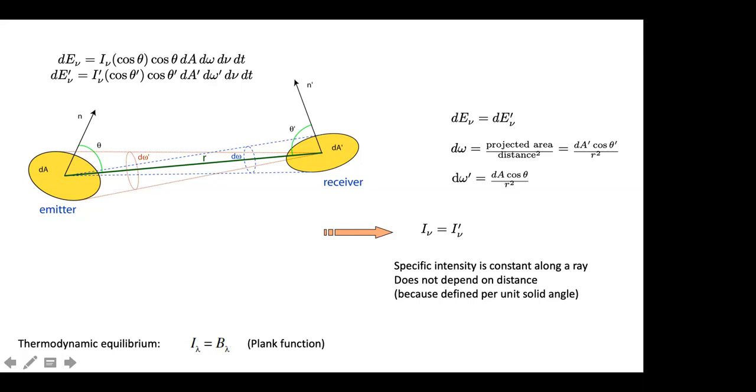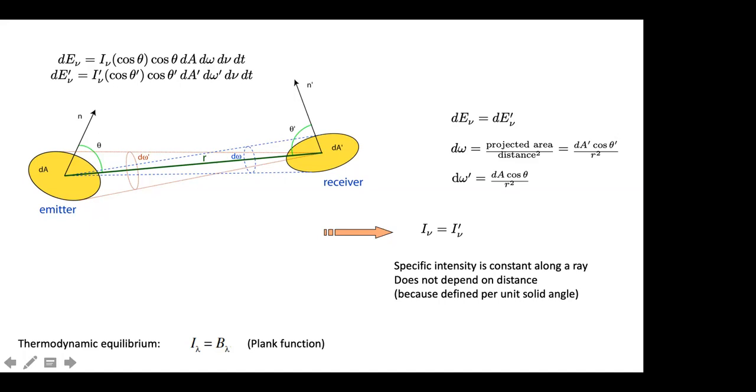But the solid angle is not the same. In one case you use the omega, the solid angle of the receiver as seen by the emitter, and in the other you use the omega prime, the reverse, the solid angle given by the area of the emitter as seen from the receiver.